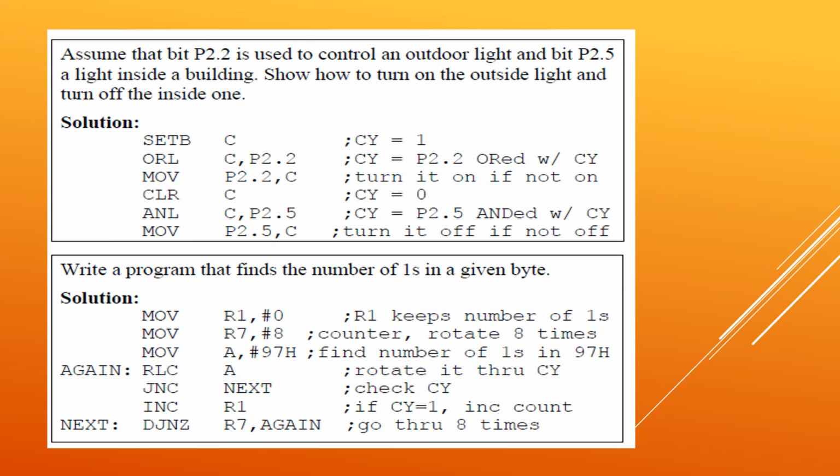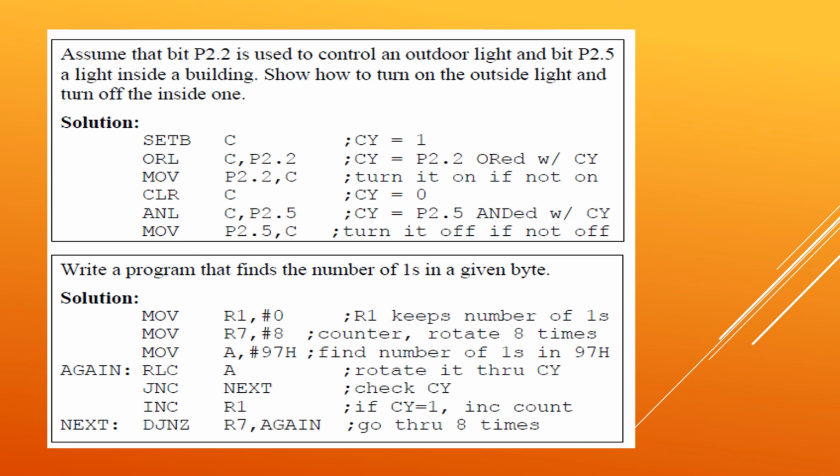So either from the left side or the right side, anyone you can use. Ultimately we check the status of the carry bit by the JNC instruction, and if it is 1, only then we are incrementing R1 and counting. If it is 0, we are not counting. If you want to count 0, you make it exactly reverse. If you want to count 1, you use JNC.